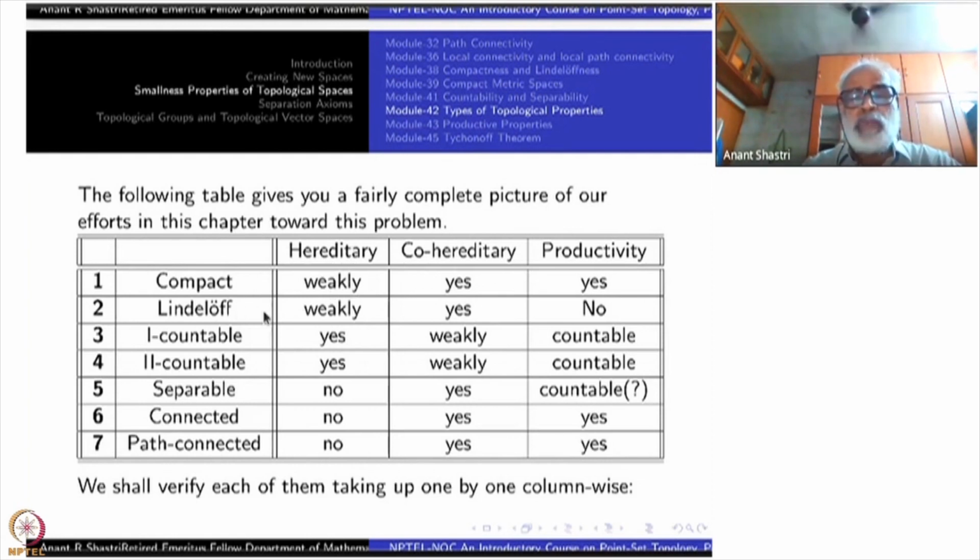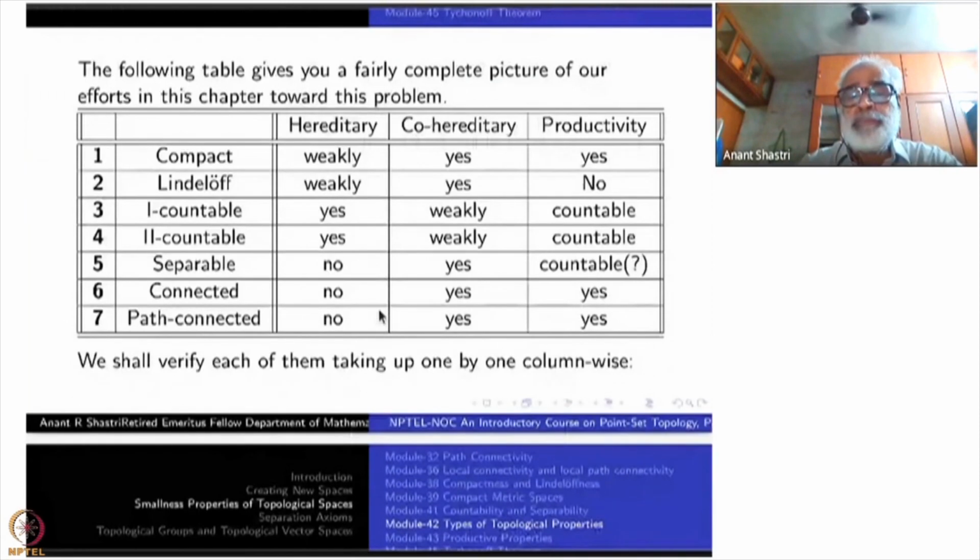Exactly the same thing goes for Lindelofness also. Every closed subspace of a Lindelof space is Lindelof, right? Have you seen that Lindelofness is not hereditary at all? Do you remember when we have done that?